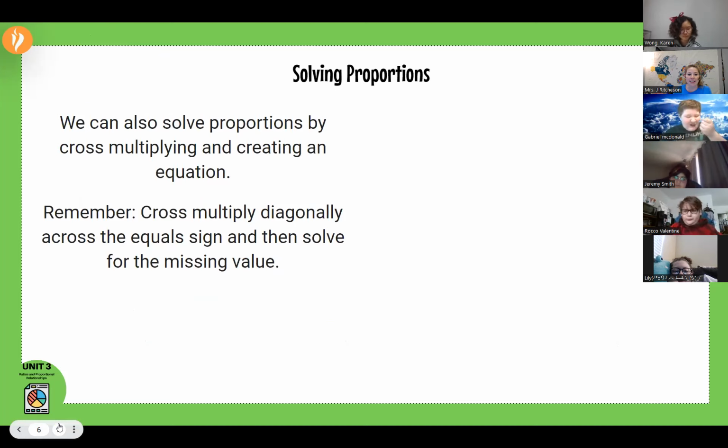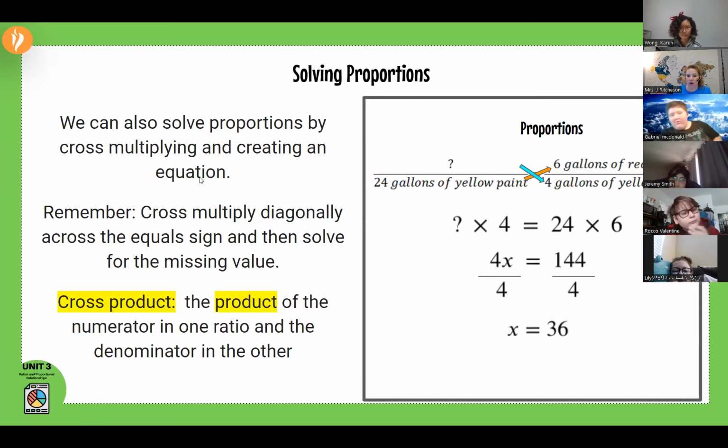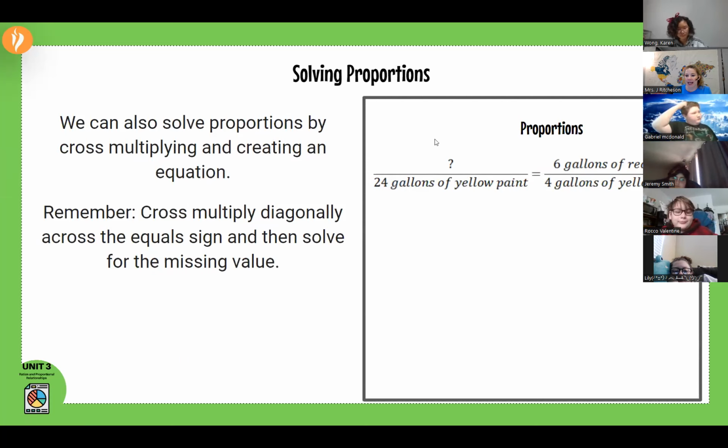Okay, so since proportions are stating that 2 ratios are equal, if we're missing one of the numbers, we can create a proportion and we can cross multiply and divide in order to solve for a missing number. All right, so let's say that our ratio of red gallons of paint to yellow paint is 6 to 4.